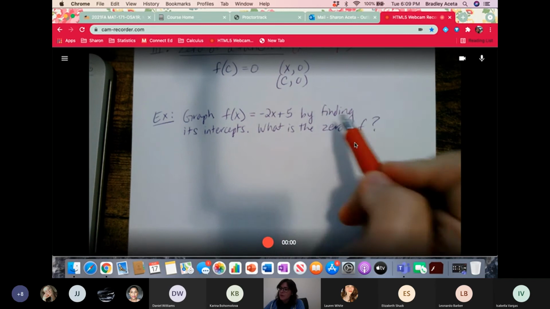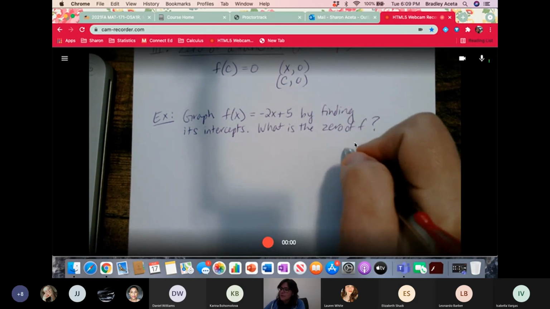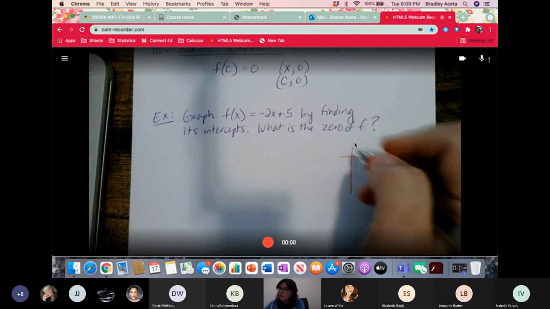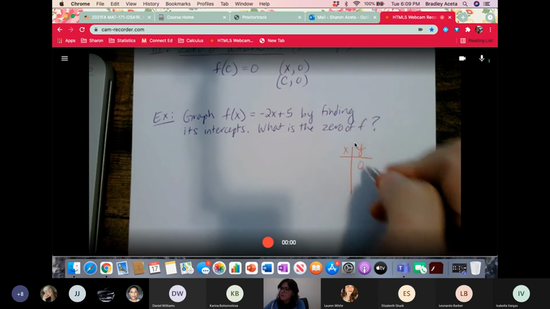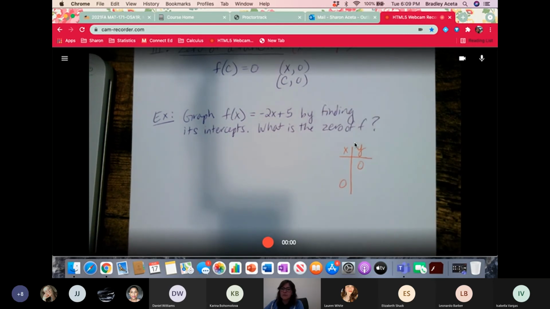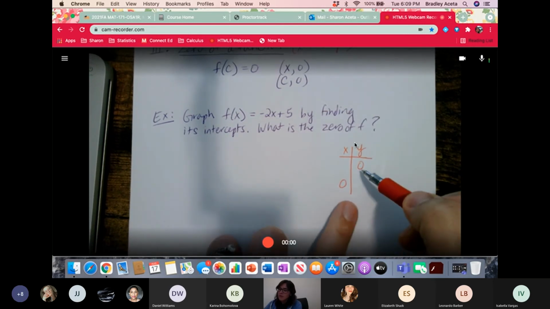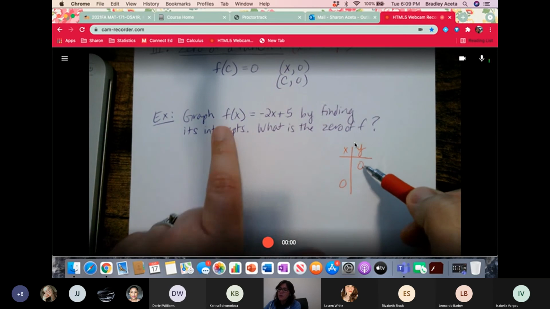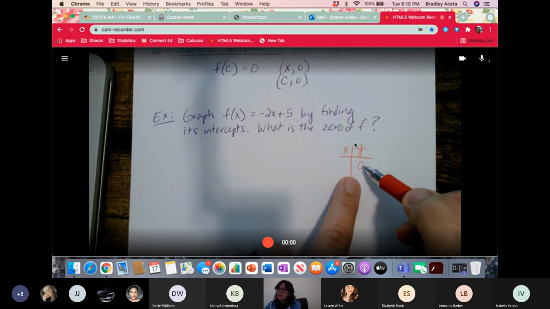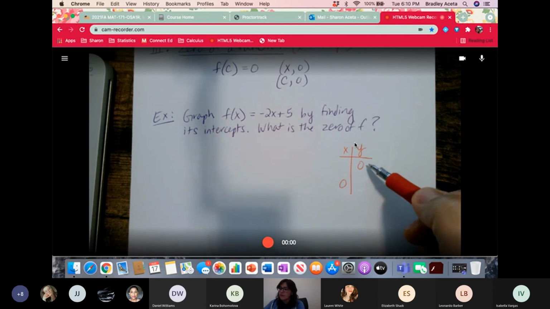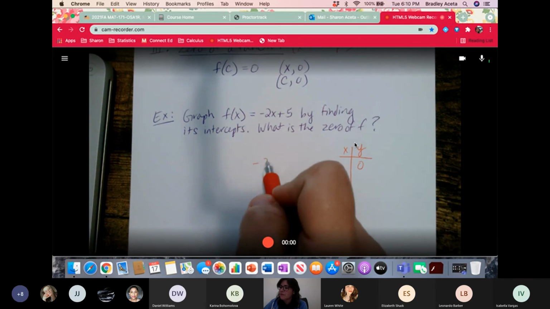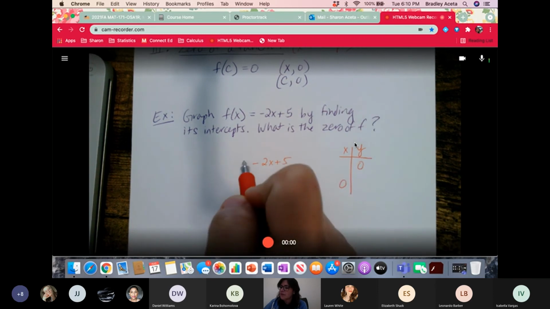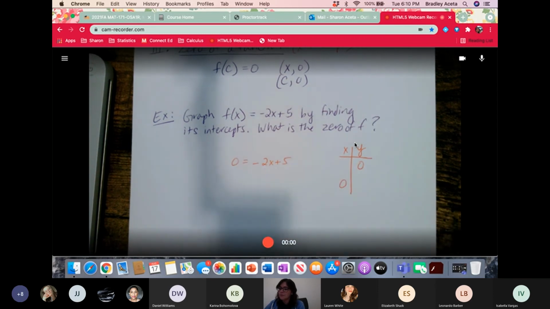But we're going to find its x-intercept. So I always make a little chart here. 0's along the diagonal. And for this one, I'm going to set my y, or my f of x, equal to 0, and I'm going to solve it. So I'm going to have negative 2x plus 5, and I'm going to set that equal to 0.